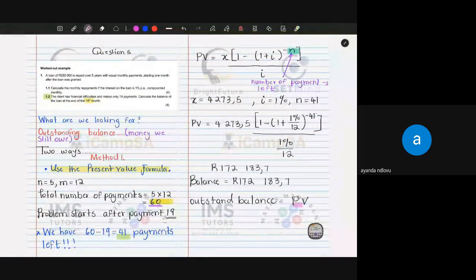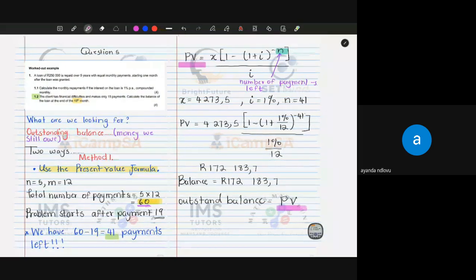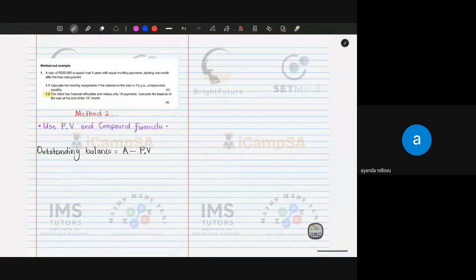So I'm spending time here because I've seen many of you do get this question not correct. So let's quickly go ahead and have a look at what is happening here. So the nice part about using this formula, guys, is that you do not need to worry about what is happening. So if you remember your A, this outstanding balance, we'll call it OB.